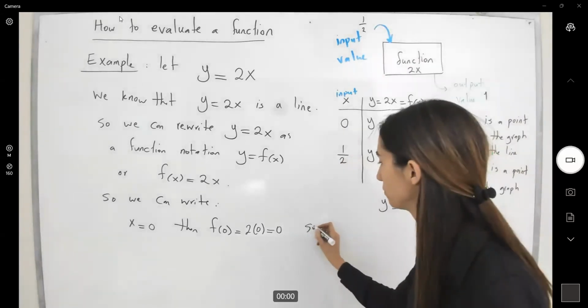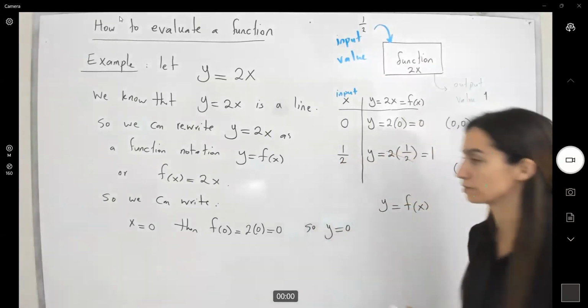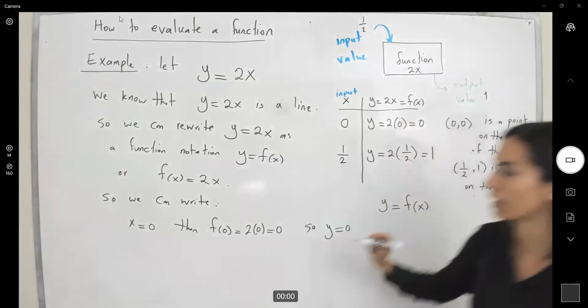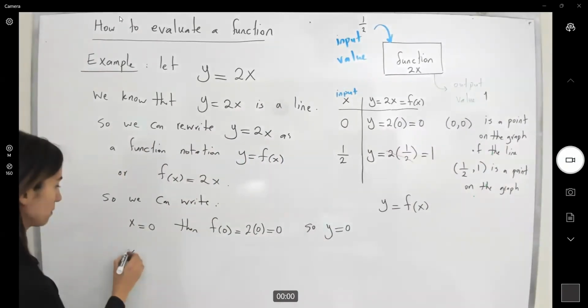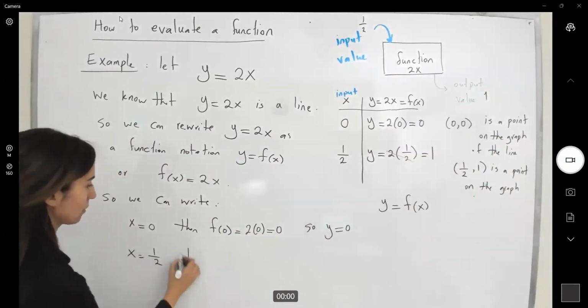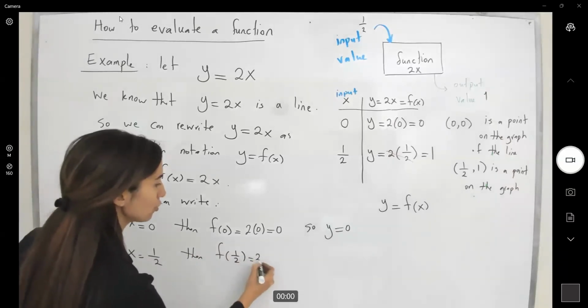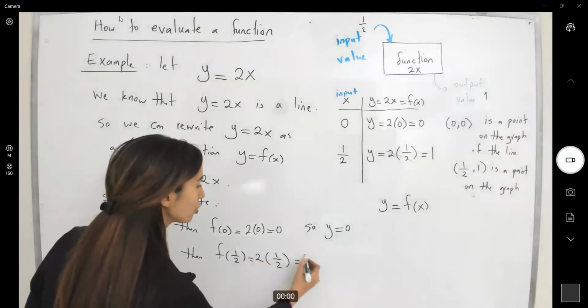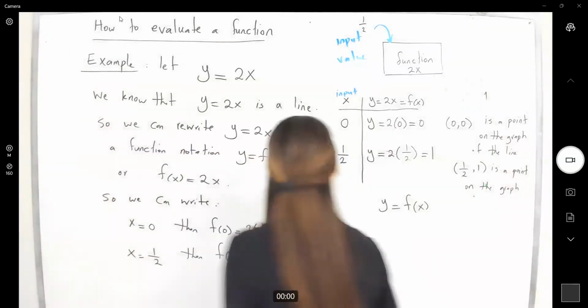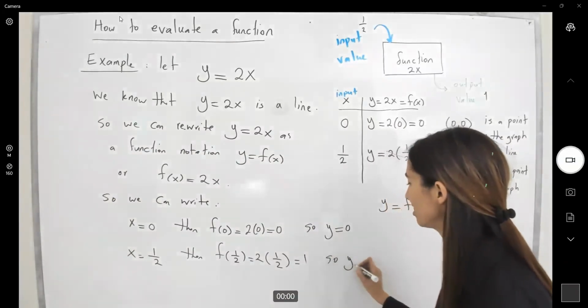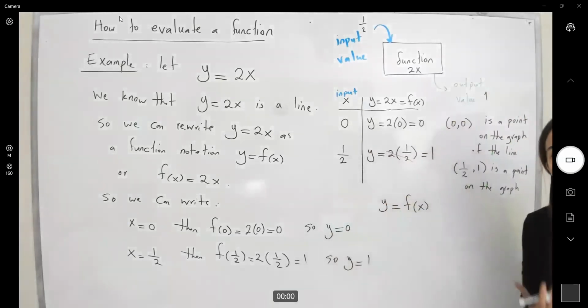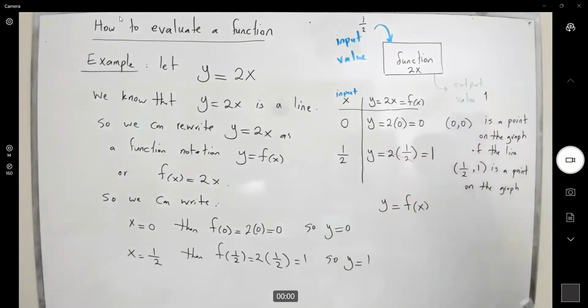So y is 0. If x is equal to 1/2, then f of 1/2 is 2 times 1/2, which is 1. So y is 1. They have the same meaning, just a different representation for y.